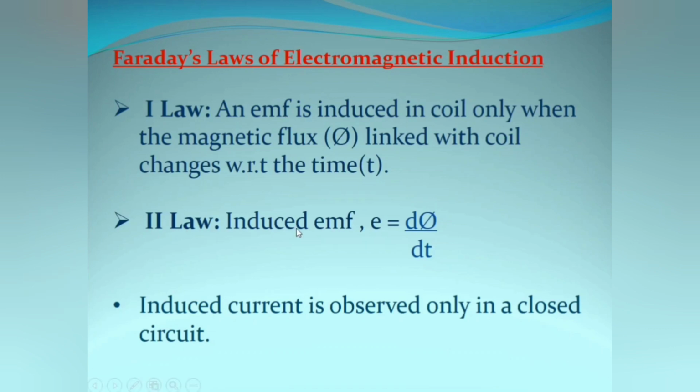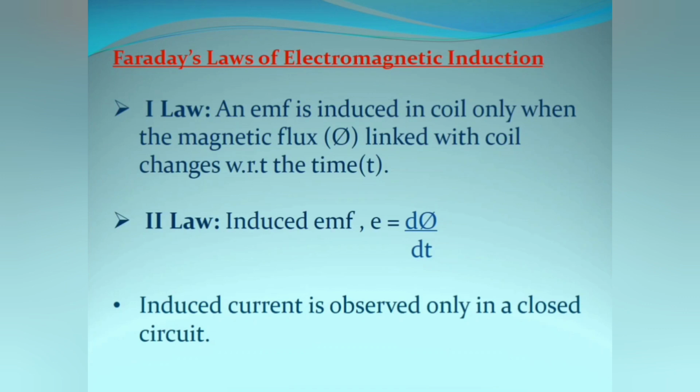And the second law states induced EMF is given by the equation E equal to dΦ divided by dt. That gives the magnitude of induced EMF. Remember, in the first law we came to know how to generate electric current in the coil. And from the second law, we came to know how much electric current is generated.